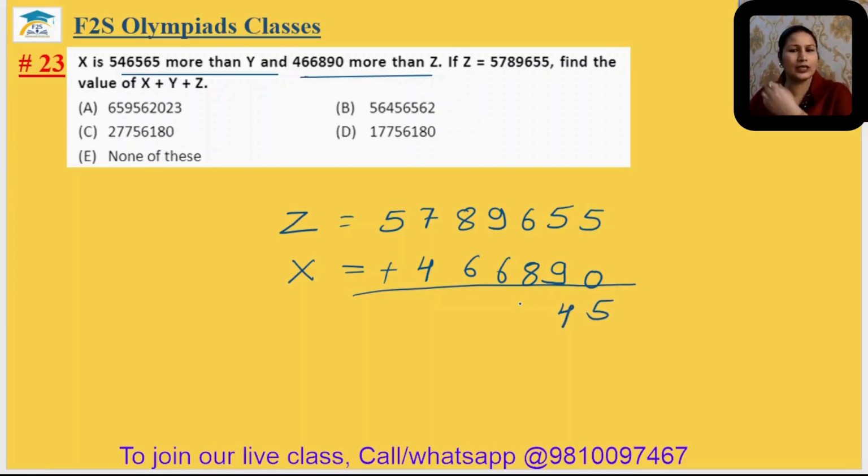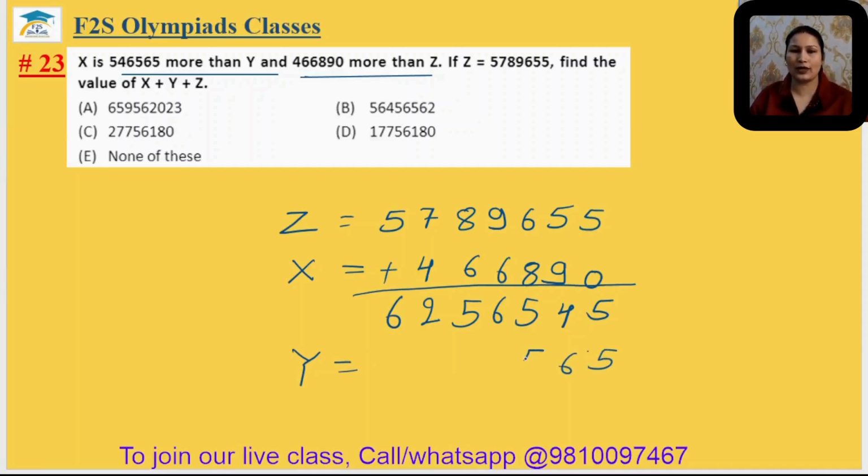5, 14, 1, 15, 1, carry 1, 16, carry 1, 15, carry 1, 12, carry 1, 6. This is your X. And X is this more than Y, so Y should be this much less. So Y equals 5, 6, 5, 6, 4, 5.